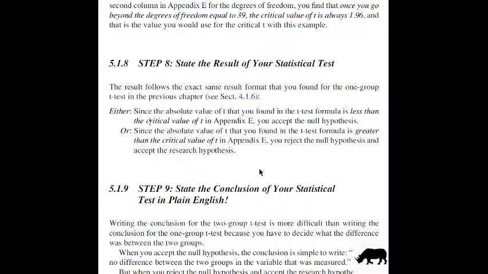Or, since the absolute value of t that you found in the t-test formula is greater than the critical value of t in Appendix E, you reject the null hypothesis and accept the research hypothesis.